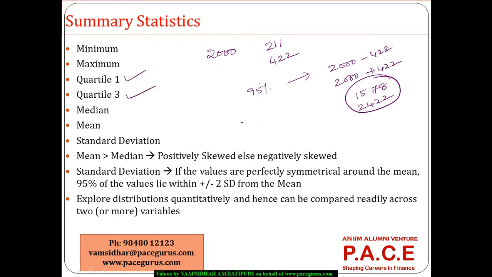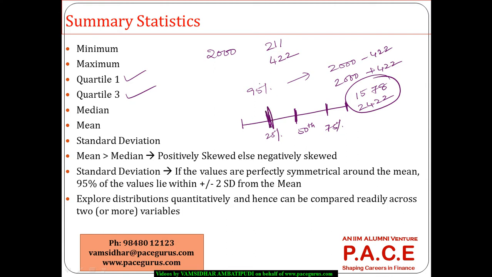When we arrange the data, the median is the middle, the 50 percent data value. Similarly, the 25% data value is called quartile 1, and the 75% data value is called quartile 3.